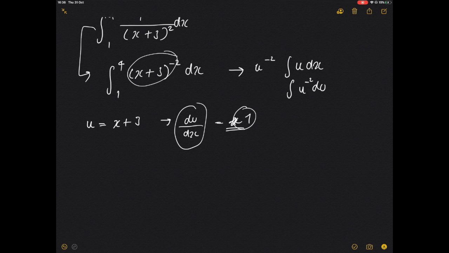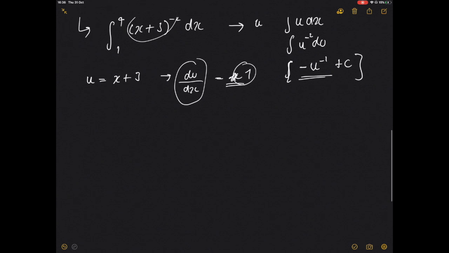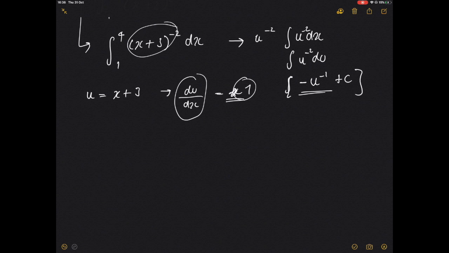Our integral would be: add 1 to the power, divide by the new power, so minus u to the minus 1, plus c. Putting our equation back together and subbing u in, we have minus 1 over x plus 3, which would be our integral.